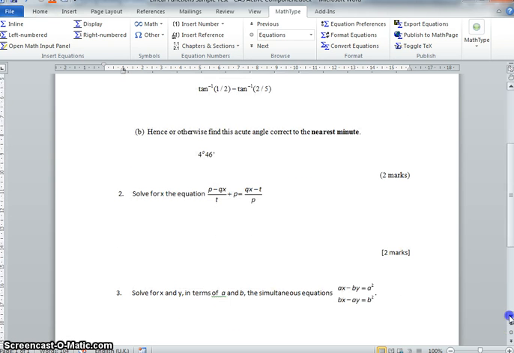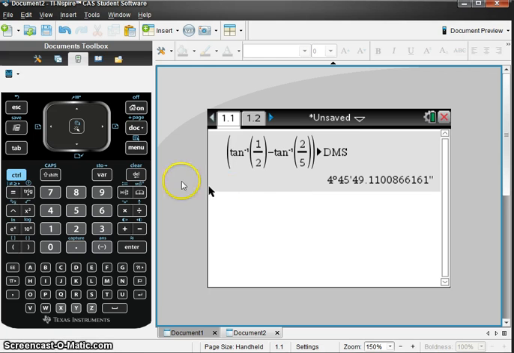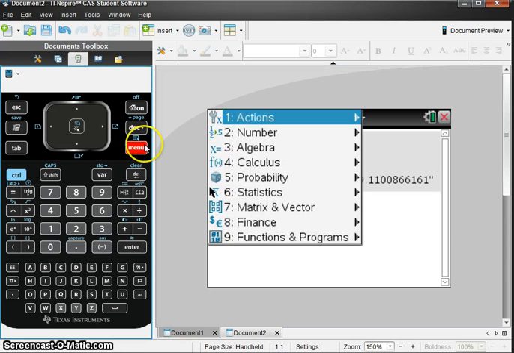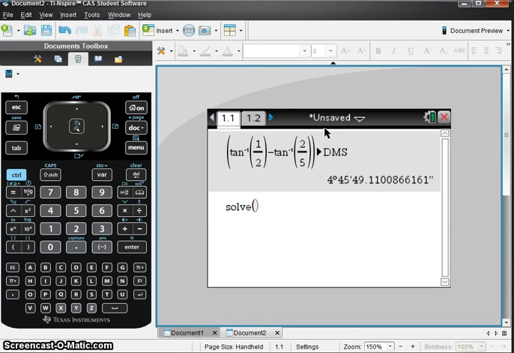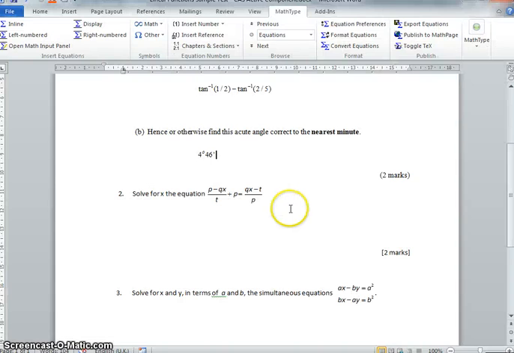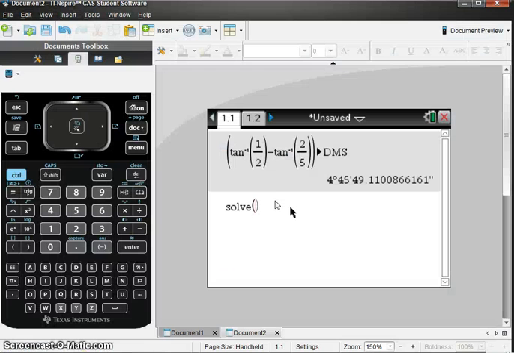The next part is question 2, and here we have to make x the subject. So we've got to solve this expression for x. So we'll just go over to our algebra window and go to algebra, select solve, and what I have to type in there is this thing. Now I don't think I can cut and paste that, so I'll just have to type it in.